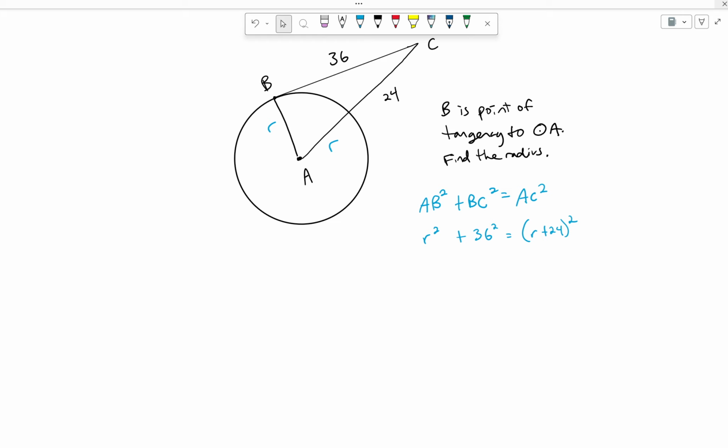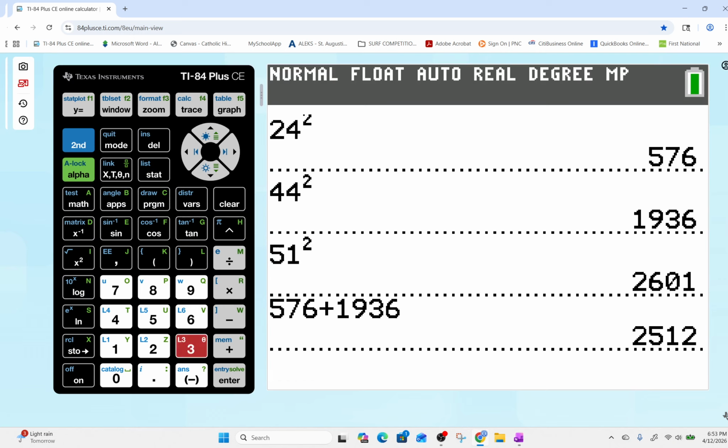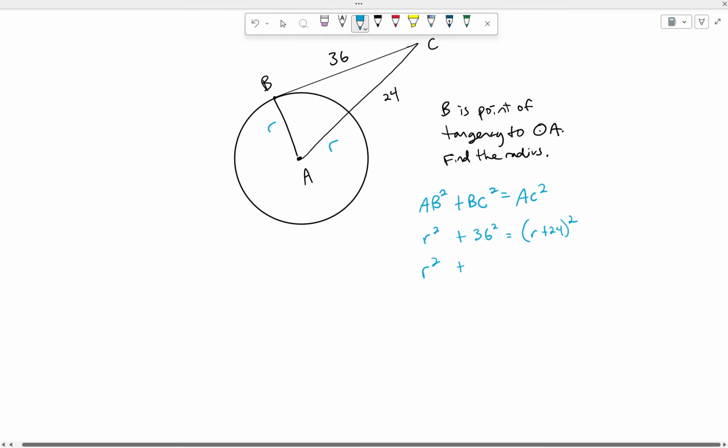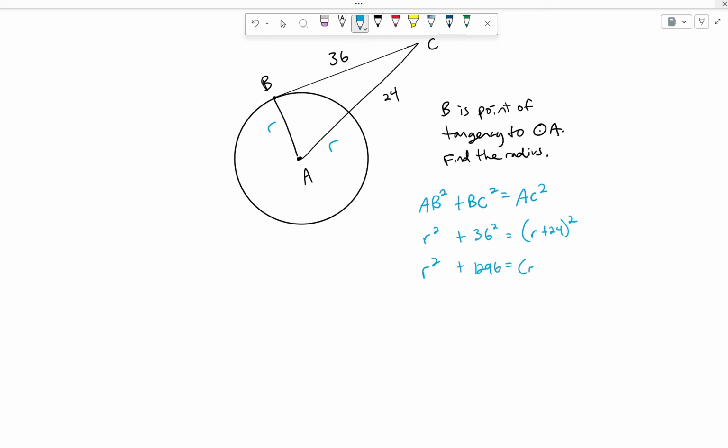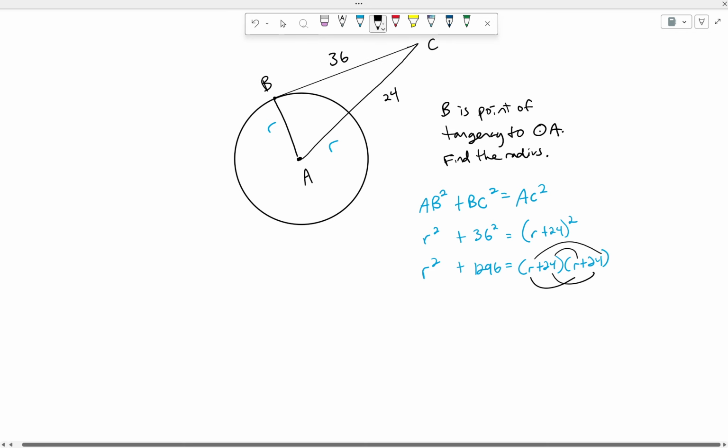It keeps doing this. 36 squared is 1296 equal to R plus 24 times R plus 24, which we're going to have to remember to FOIL: first, outer, inner, and last.